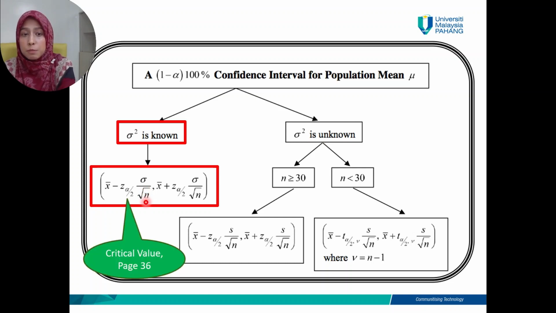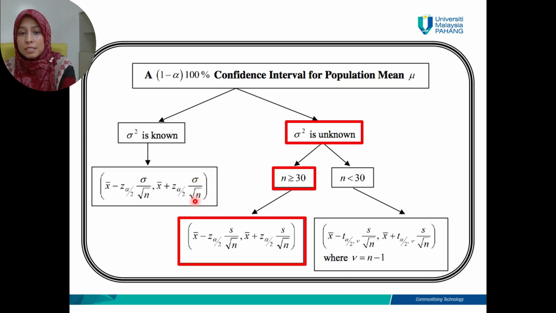In this formula, z alpha over 2 is called the critical value, which you can obtain from the statistical table and formula book, page 36. For the upper boundary, it is sample mean plus z alpha over 2, the critical value, multiplied by sigma divided by square root n. So this is the formula.